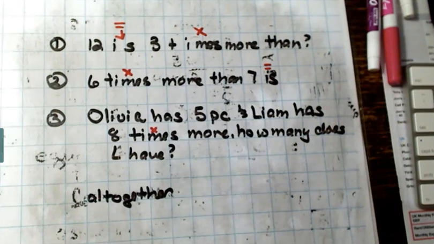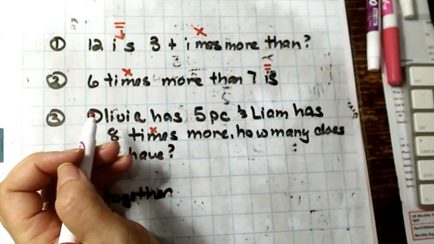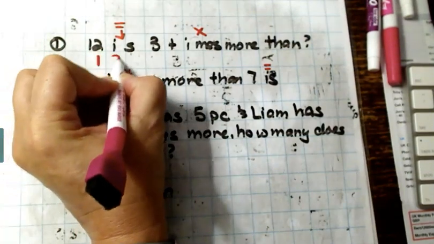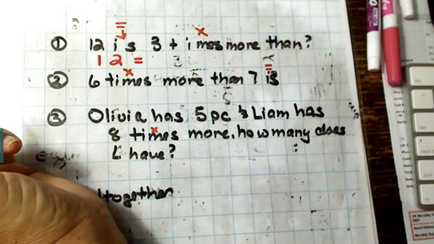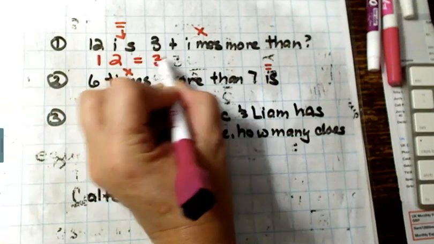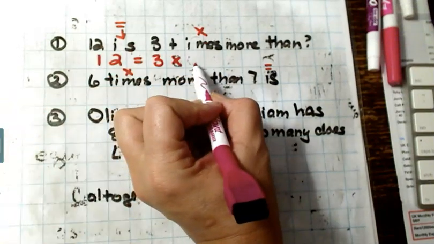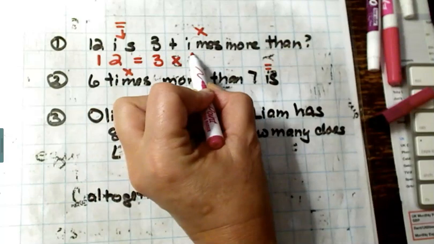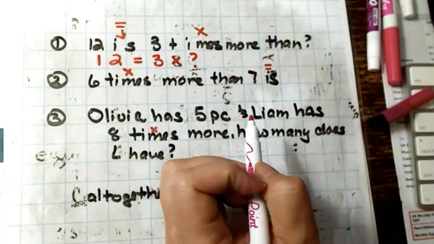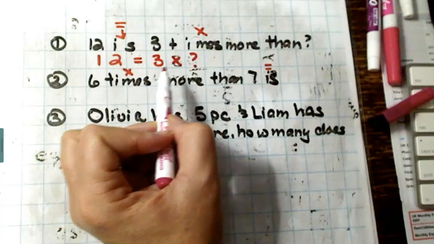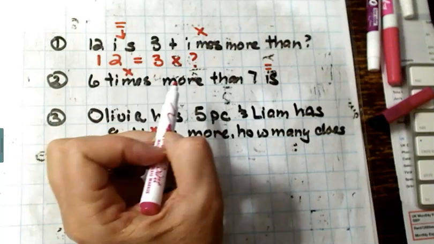All right, so I have to make an equation. 12 is 3 times more than a question mark. Well, what number is missing? What number times 3 is equal to 12?